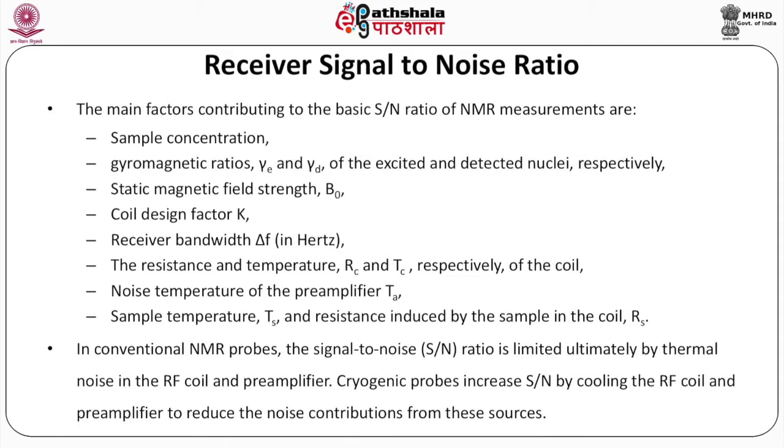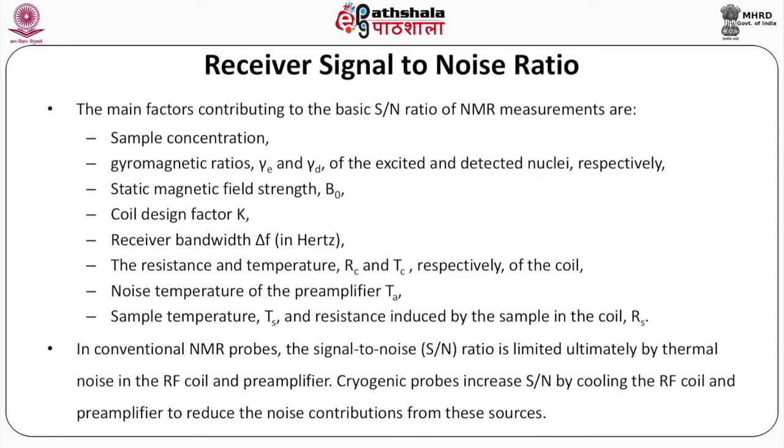So, this actually prevents very high ionic strength samples to be used in NMR. The usual strength that was used was around 50 to 100 millimolar sodium chloride, which has now been increased to 250 millimolar sodium chloride in the sample.